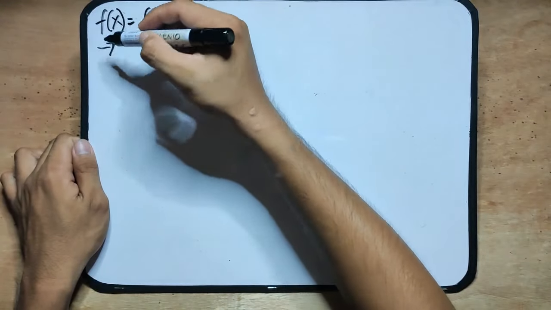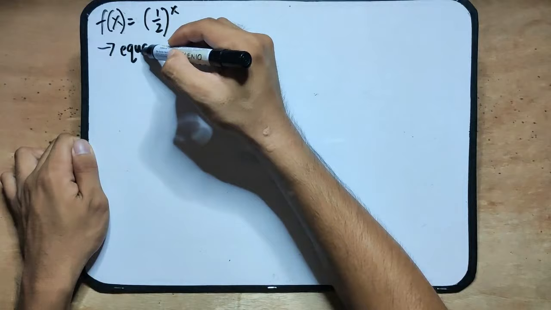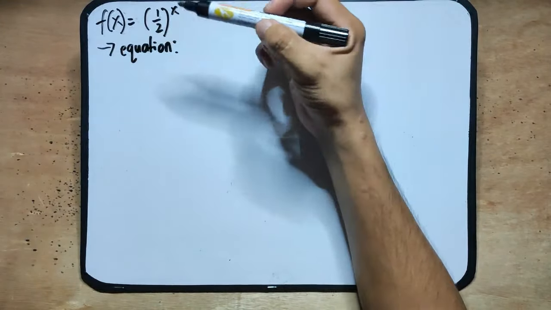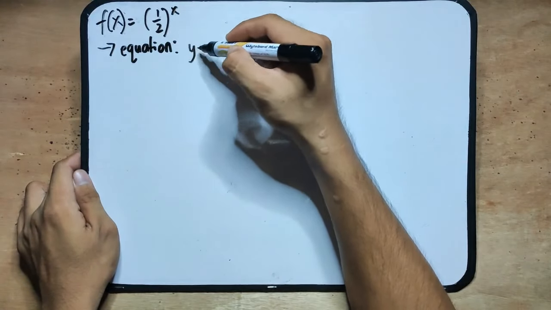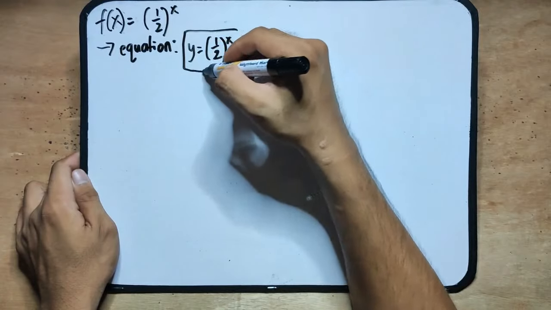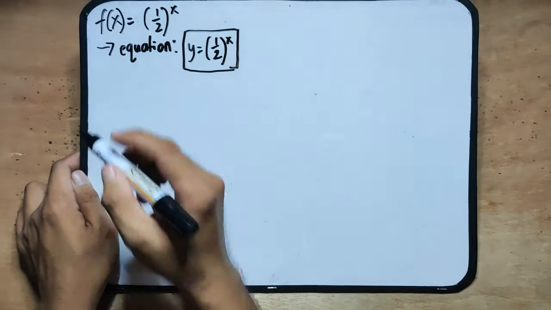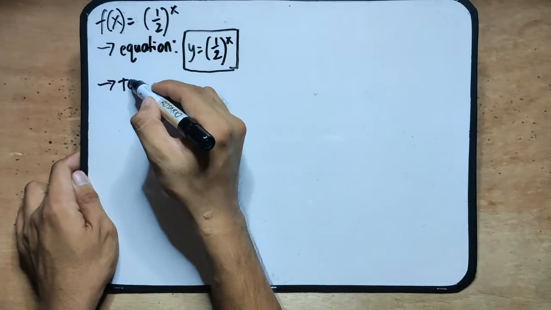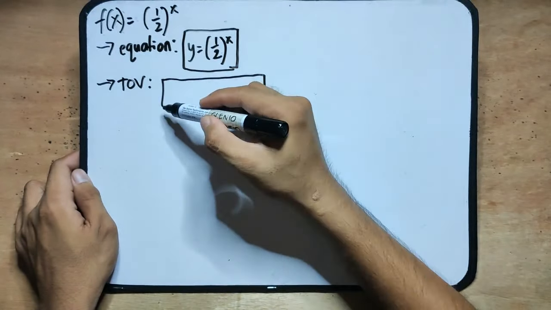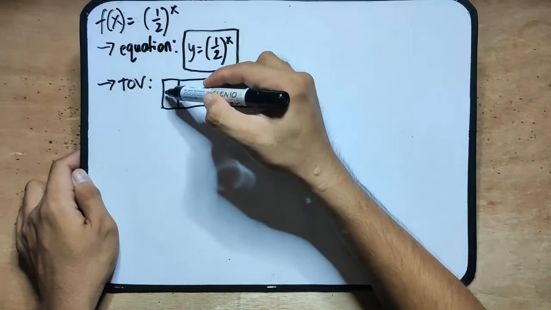So, same process doon sa ating isang example na mas naunang example. We just replace f of x using y to obtain its equation. So, y will be 1 half raised to x. Yan yung ating equivalent equation. For our TOV or table of values, of course, we construct a table.